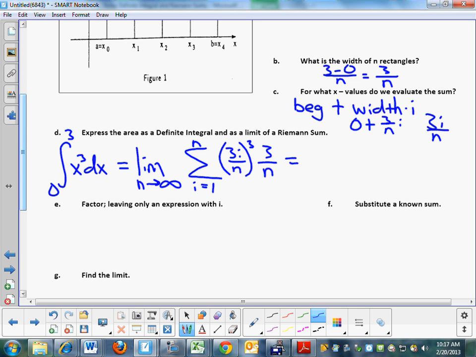So let's simplify this. What's 3i over n to the third? Very good. So I have the limit as n goes to infinity of the sum. 3 to the third is 27 times 3 more is 81. So I have 81 i to the third over n to the fourth. Awesome.